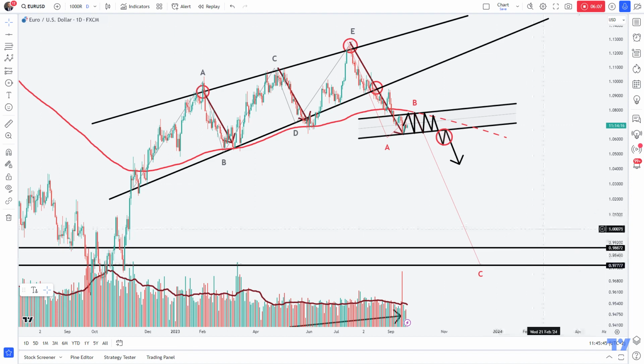The 0.98872 target zone will be the minimum target zone of this bear flag formation within this wave structure.